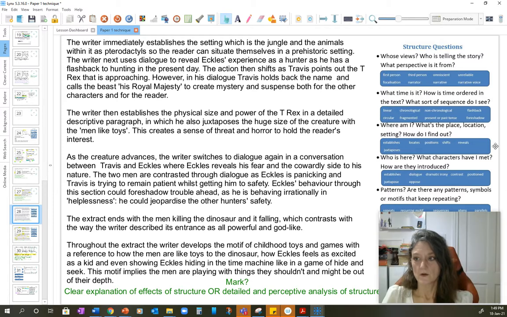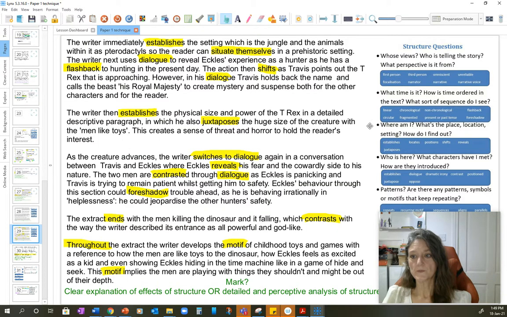Okay, so let's have a little look and I'll go through it with you. What I've put in yellow is all the places that I've used terminology. If you don't know how to use the structured terminology, this is a really good example, and I worked hard to get this terminology in here.